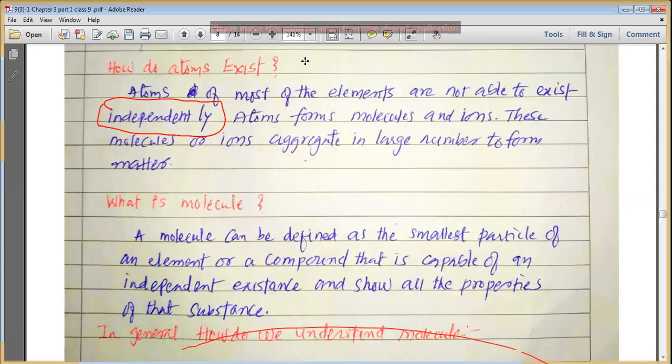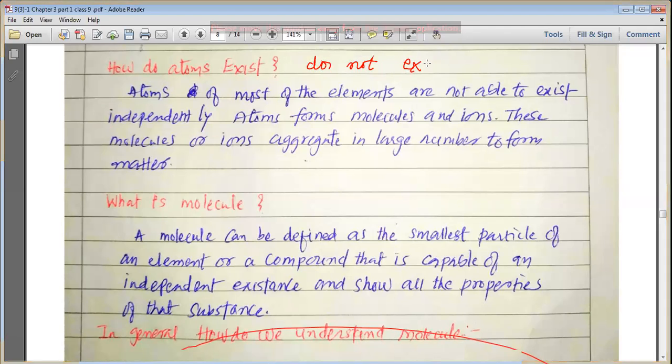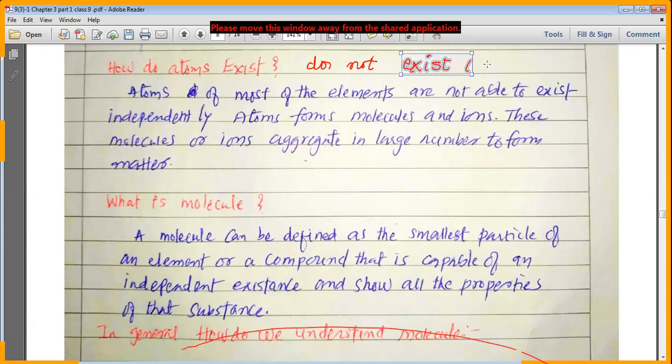So the first thing you need to remember is that atoms do not exist independently.